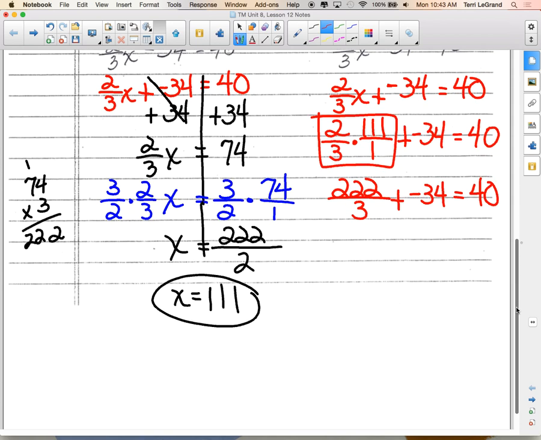We have to divide 222 by 3. But I'm going to go right back over here to where we multiplied earlier, and I say, if I multiply 74 by 3, I get 222. So what do you suppose 222 divided by 3 is? 74, yeah.